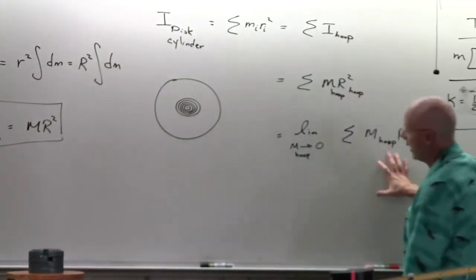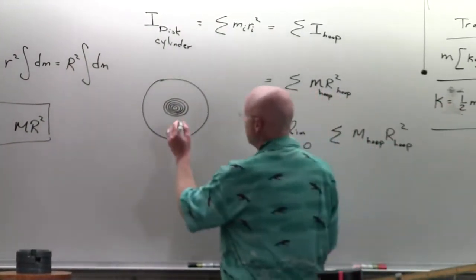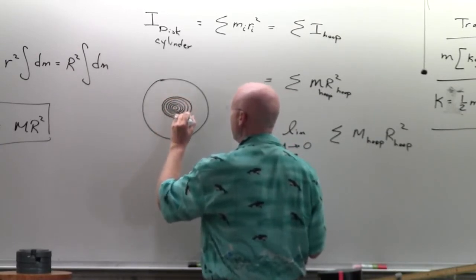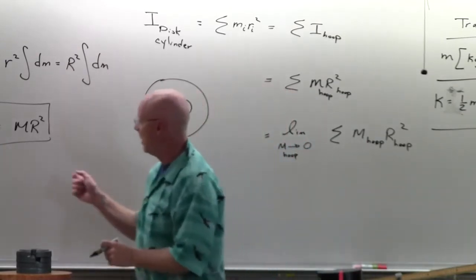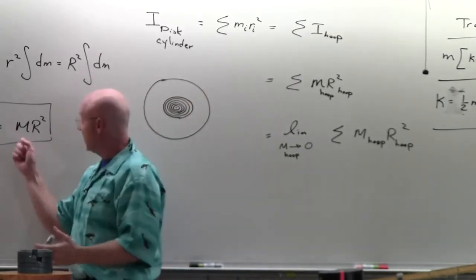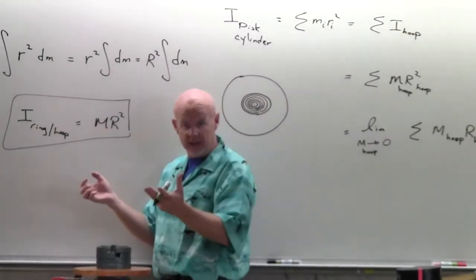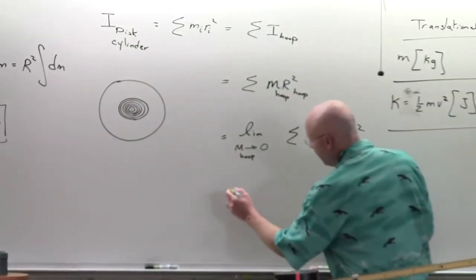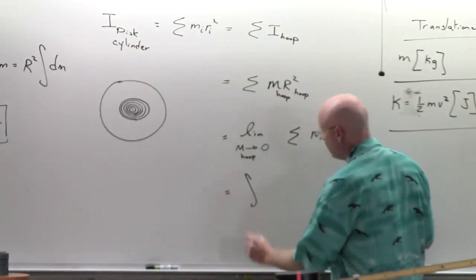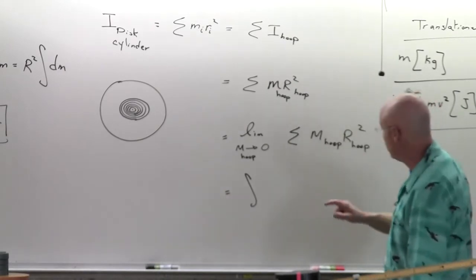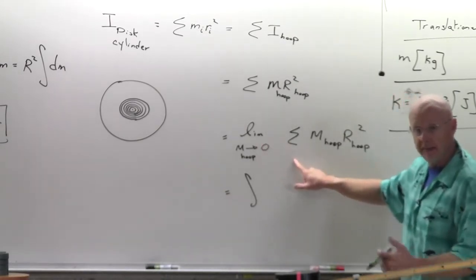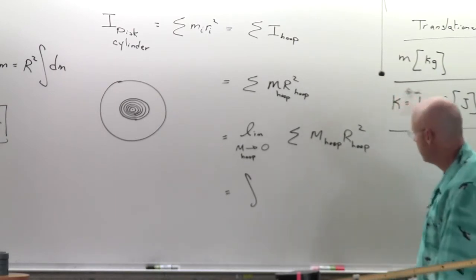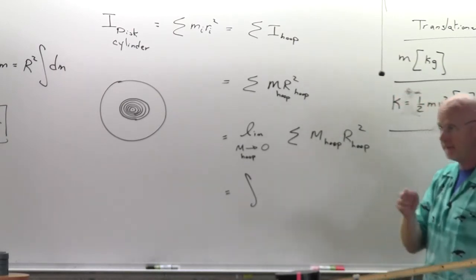And so what I'm really trying to say is, I am going to take an infinitely thin hoop. And as you pointed out, this is really not an infinitely thin hoop, since if it were infinitely thin, the mass would really be 0. But in terms of calculus then, what does this become? Well, there's the beauty of it, right? There is the limit of the Riemann sum. There is my integral. Integral of what?